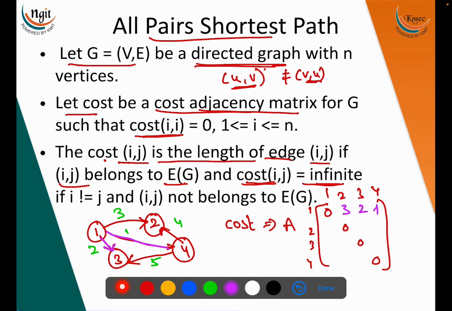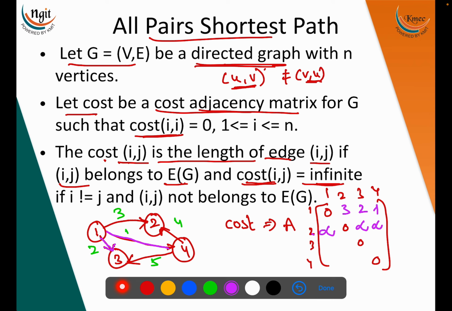Now 2 to 1. Look at 2. From 2 there is no edge coming out of it, right? So there is no edge. So the 2 to 1 distance is infinite. And 2 to 3 there is no edge, so it is infinite. 2 to 4 there is no edge, it is infinite.